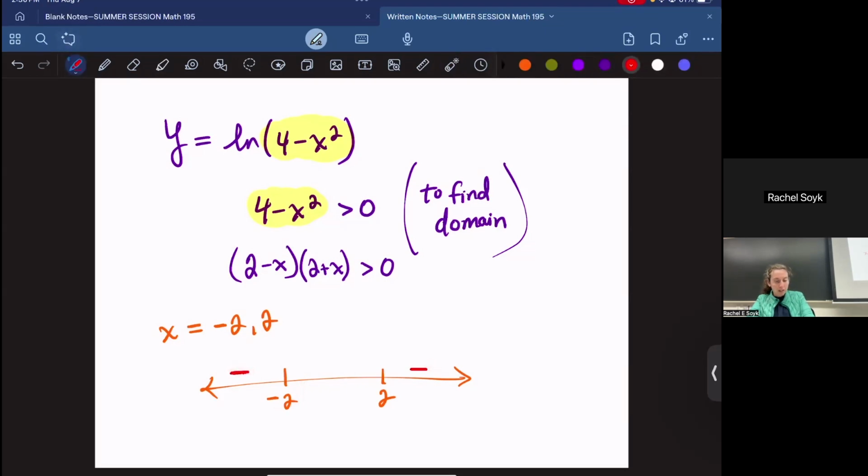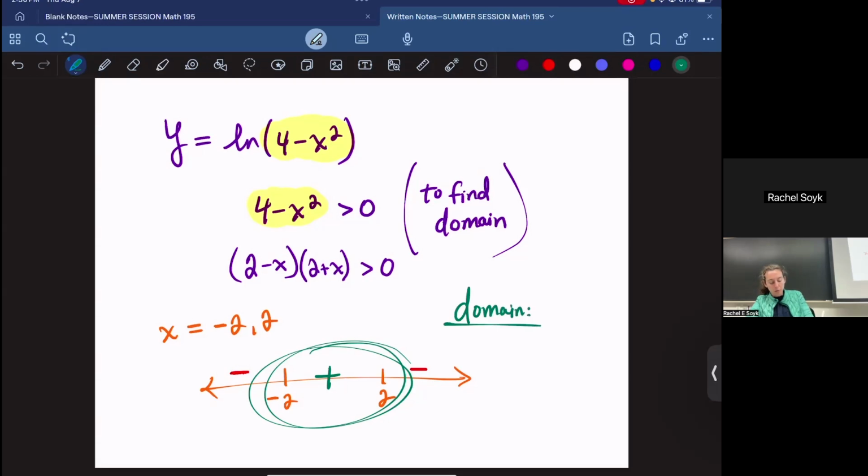So those are bad. The only positive results you'll get are between these two numbers, which tells us that our domain is all numbers between negative 2 and positive 2.